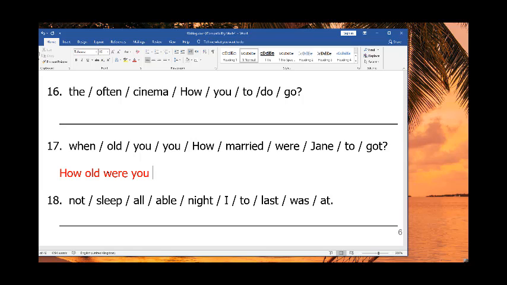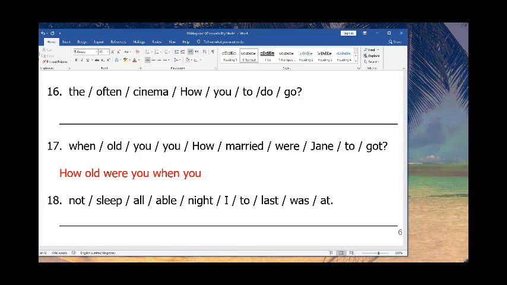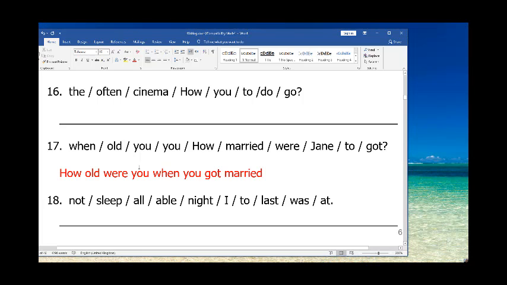When I talk about the time, I use when, yes. When who? You. What is the other verb here? I have married and I have got. Those are the two verbs. So which one should I start with? When you got married, yes. To whom? Jane. And I will end with, don't forget, this is a question, so a question mark.